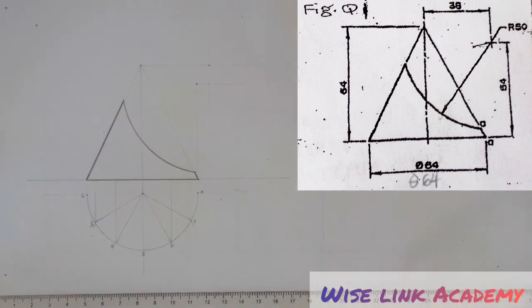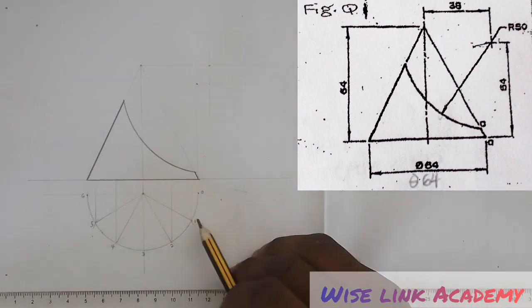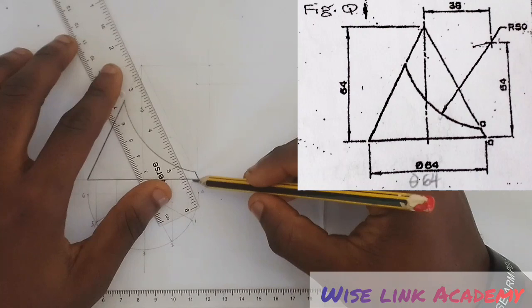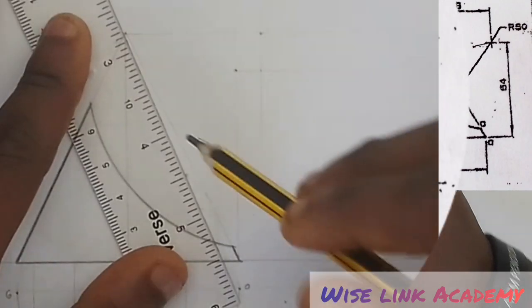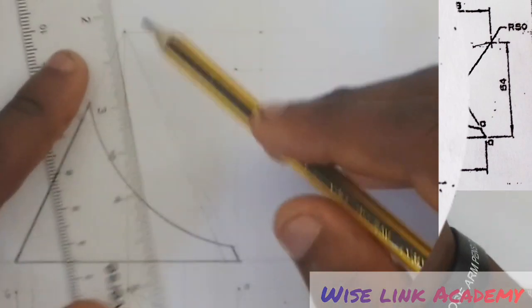So I have simply replicated what is at the right corner of the screen to be this, right? Now the next thing to do is what? All these points are connected to this triangle base here. I will take them up. Upper point here, join this, right?